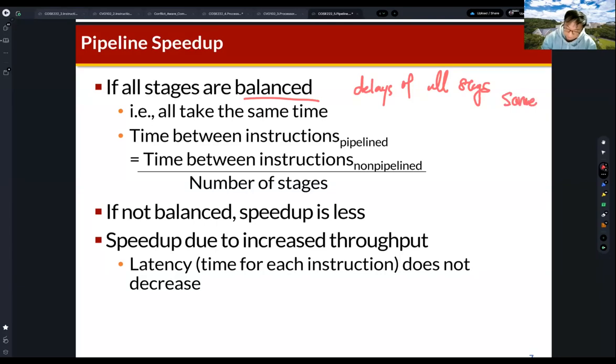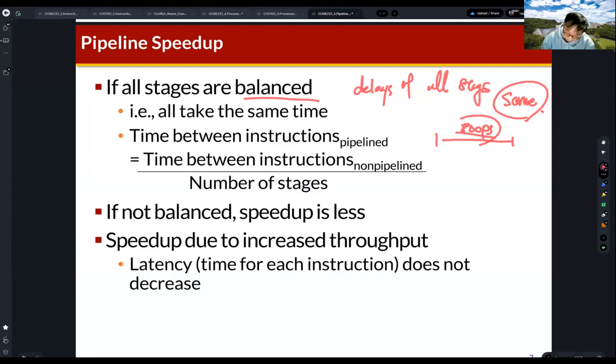For example, let us assume that 800 picoseconds is the maximum delay of the single cycle processor.